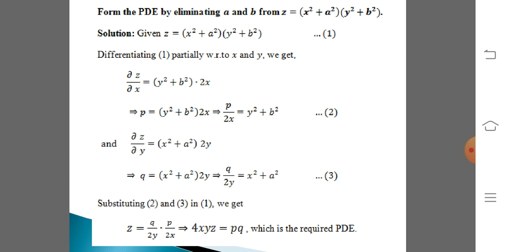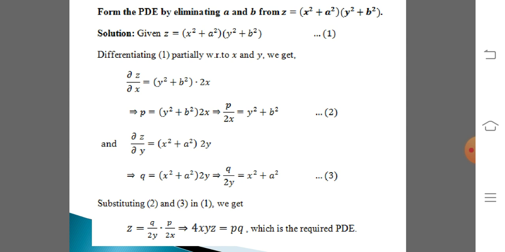equal to, look at the right hand side. In the right hand side we have only one term, but it is a product of two functions. One is y square plus b square, another one is x square plus a square. So we are differentiating partially with respect to x, so we have to keep y square plus b square as constant because it does not contain any x in it.